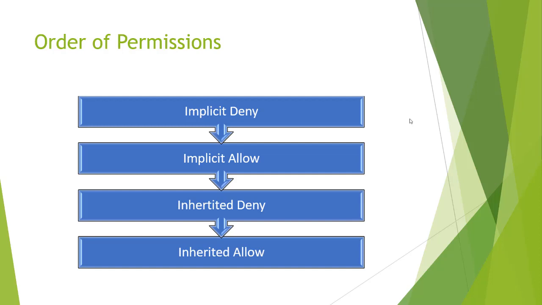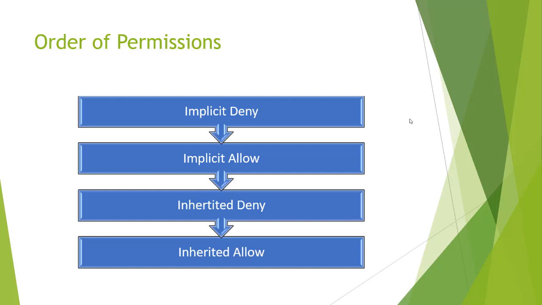So inherited deny, of course, is if that main folder is denied to the person, any subsequent subfolder within that system and that structure will be denied. And the same with allowed. Any permission that allows it will be inherited. So that's the one that you really have to be careful with.